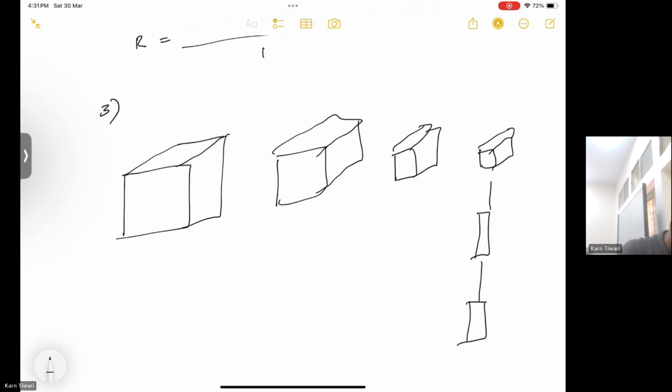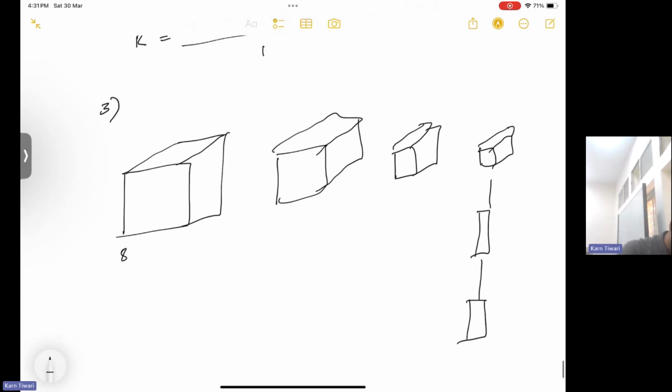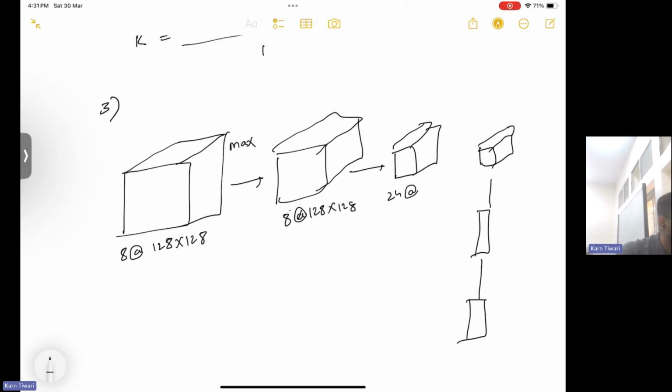It is basically 8 cross 128 cross 128. After this, we perform a max pool. Max pool just reduces the size by half if it's even, so 8 cross 128 cross 128 becomes 64 cross 64. Then we perform a convolution, and the channel size gets increased.